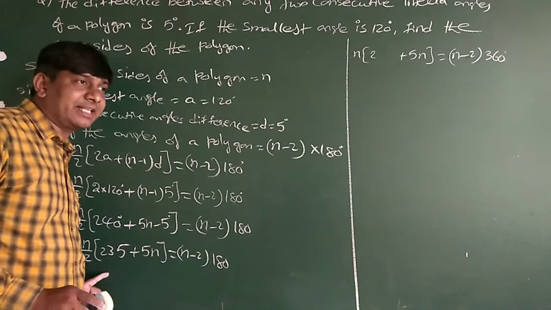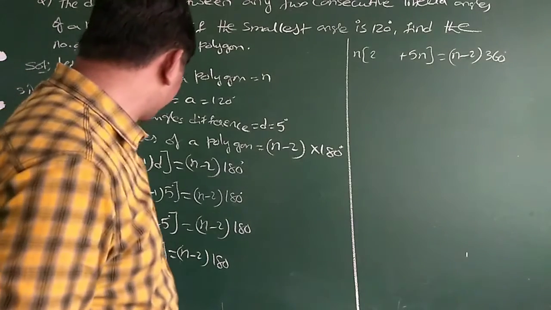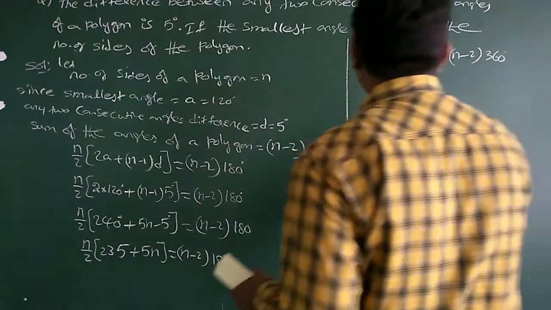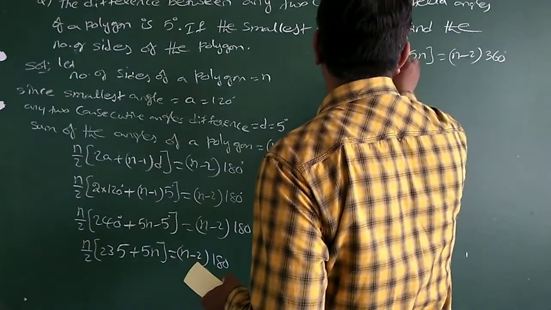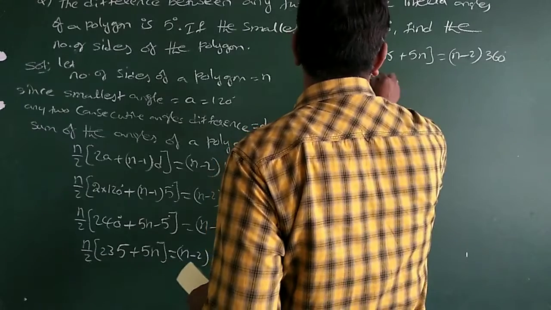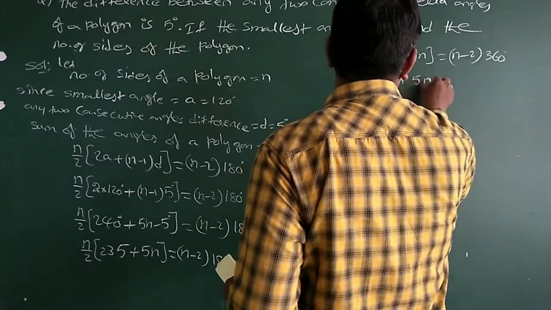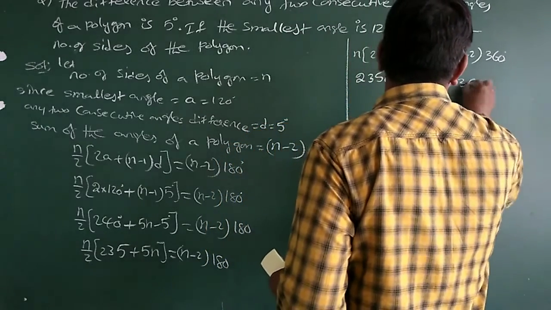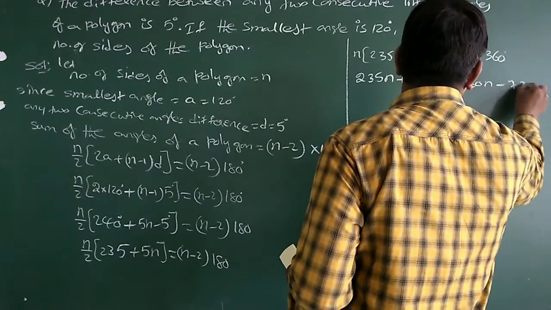Corrected. Please correct them. 235 plus 5n, that is 235n plus 5n square is equal to 360n minus 720.